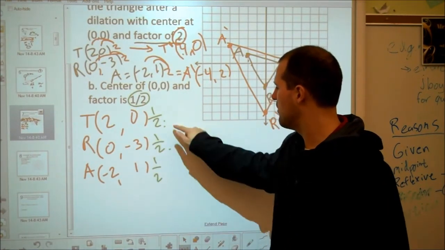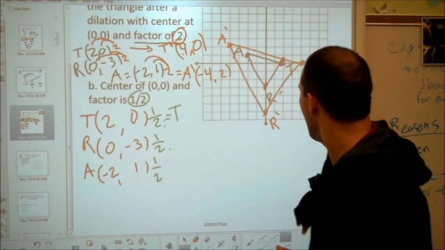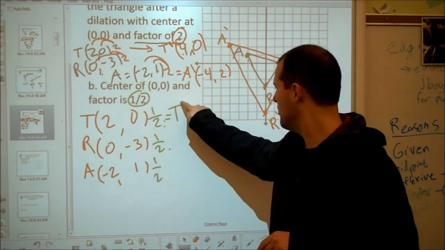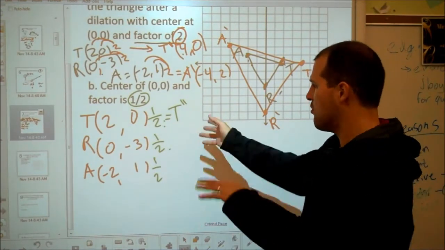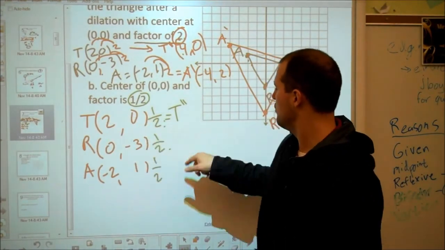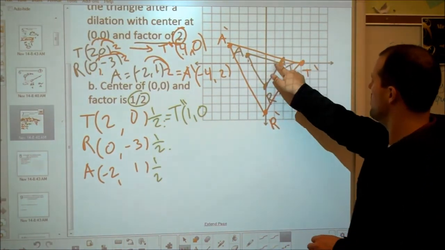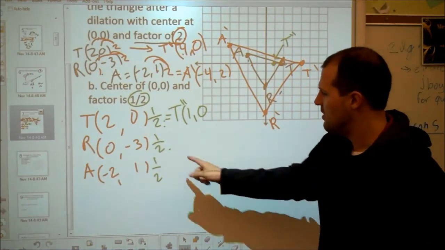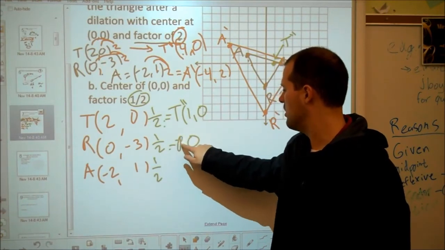Okay, let's see what we get. We get T, I guess you can't call it prime, because we already have T prime on here. What we could do, though, is call it double prime. That means it's the next set of points, not prime, the one after that. 1/2 of 2 is 1, 1/2 of 0 is 0, so I get (1, 0), and I'm going to use an arrow. That's T double prime. Down here, let's multiply. I get 0, and that point is R double prime.